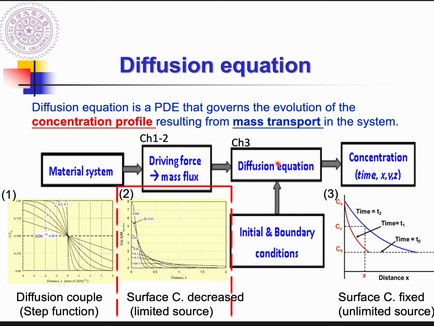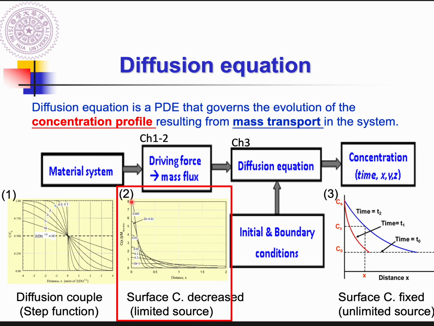Okay, so let's move to the second case. People call it limited diffusion source. You can consider the example like this: you deposit a very thin layer of diffusing atoms on top of your substrate, and you heat the sample up and allow diffusion to happen. Because of the limited diffusion source, you only have limited diffusing atoms.